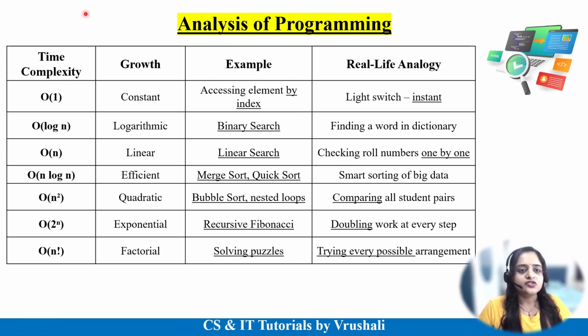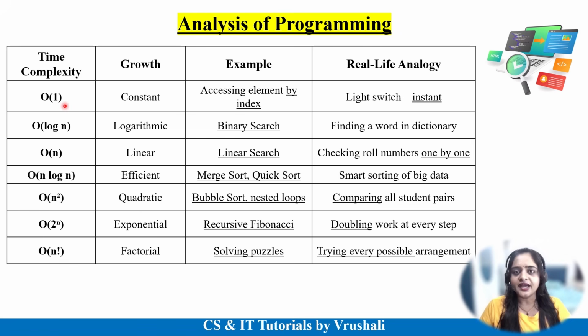See here, these are some multiple time complexities, the common ones. Constant time complexity: if in your program constant variables are used, like constant pi, constant a, then the time complexity of that program is big O 1.